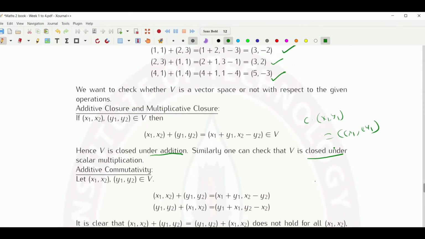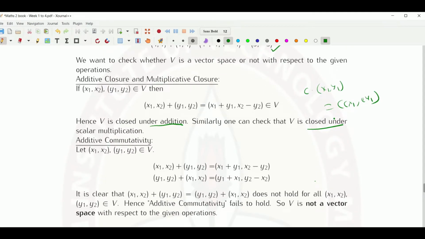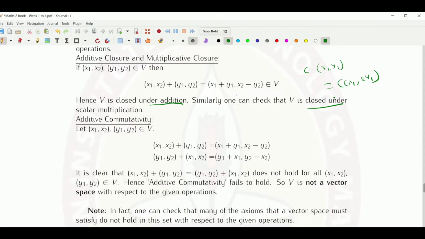For additive commutativity, let x1 x2 and y1 y2. x1 x2 plus y1 y2 is equal to x1 plus y1 and x2 minus y2. And if we do y1 y2 plus x1 x2, it is a commutativity operation, and we will check whether it is equal or not.